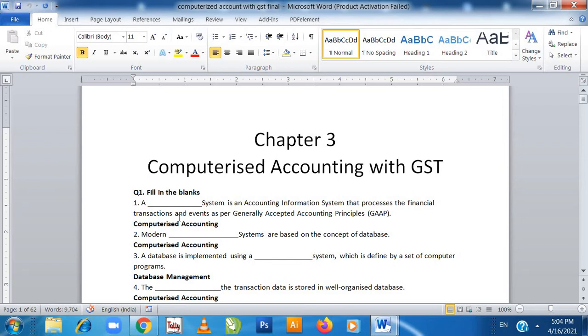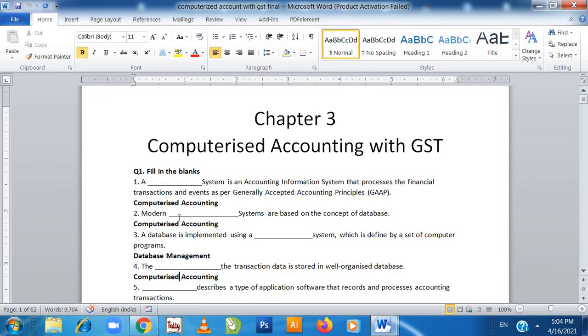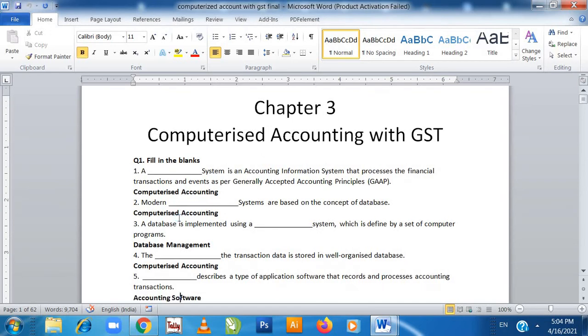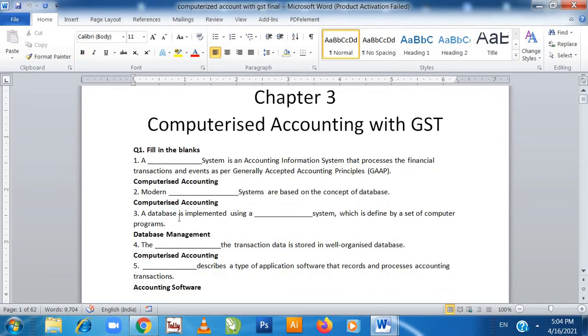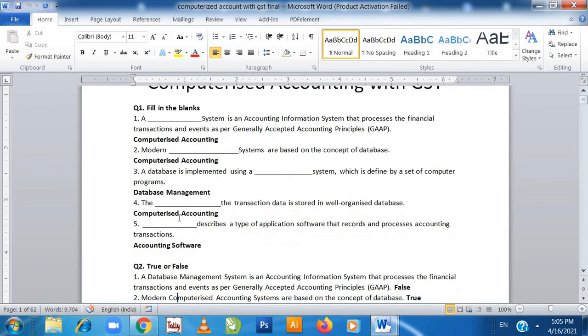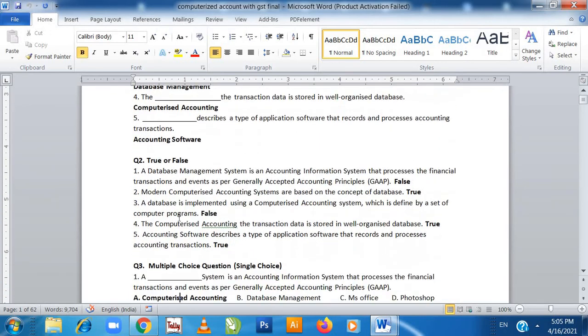Answer is database management. The transaction data is stored in a well organized database. Answer is computerized accounting. Dash describes a type of application software that records and processes accounting transactions. Answer is accounting software. Now here the true or false has been created from the fill in the blanks.